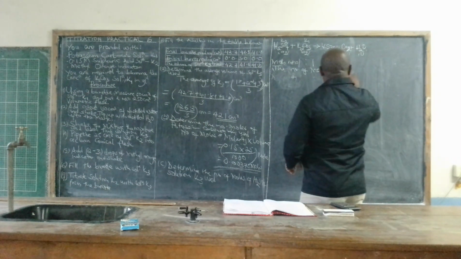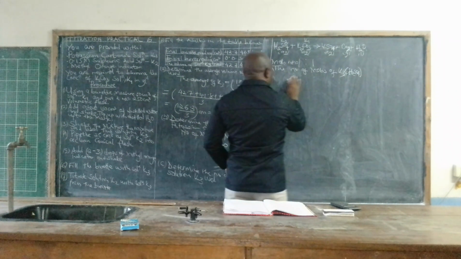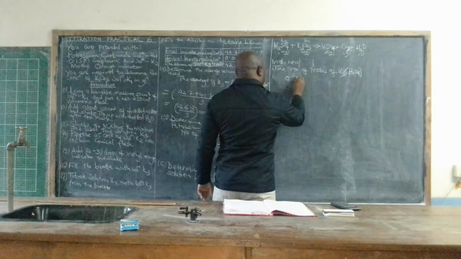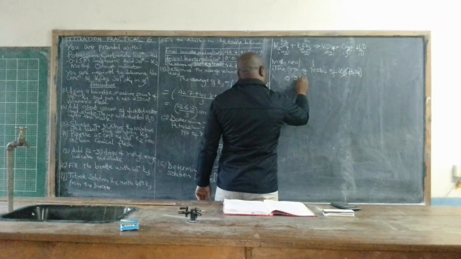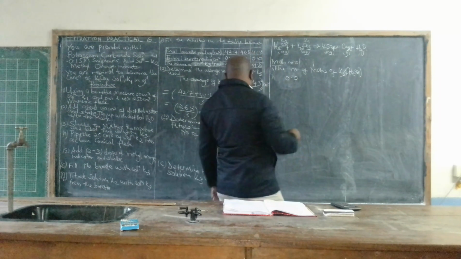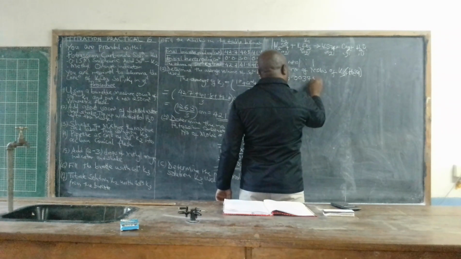K3 is sulfuric acid. It is 0.00375 moles.